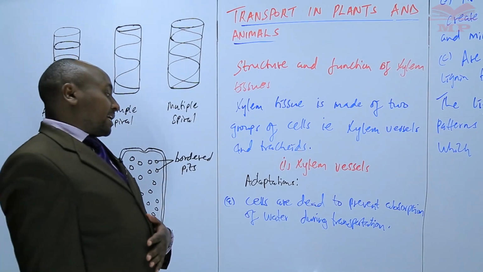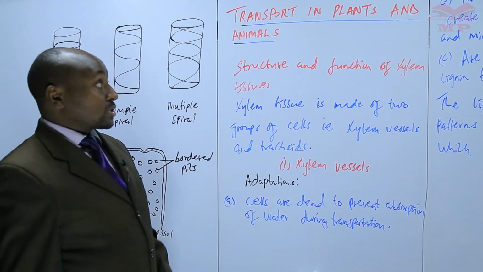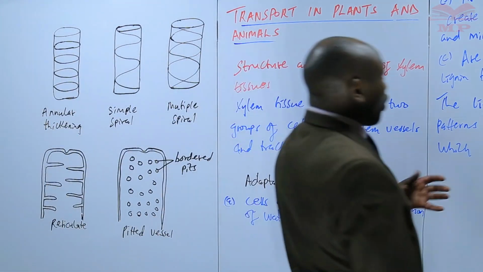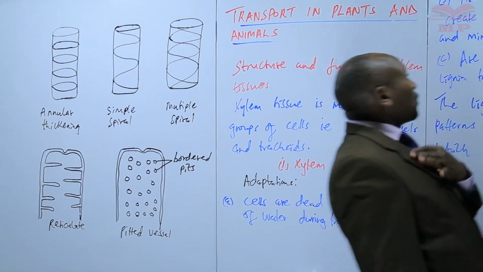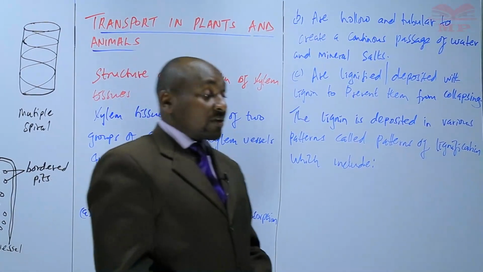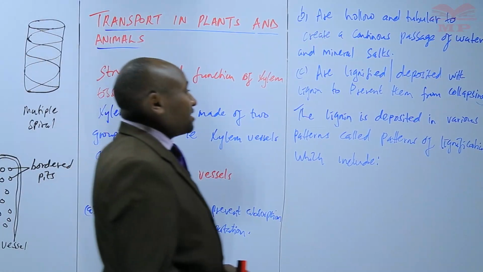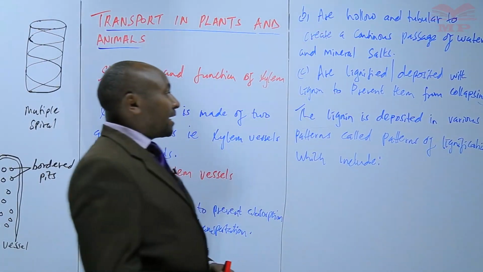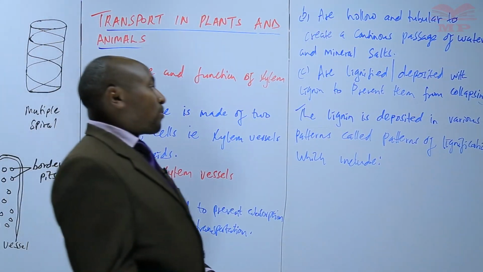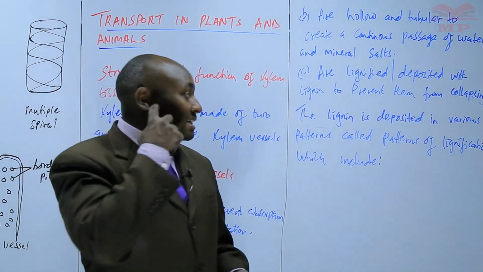And of course, they are dead to prevent them from absorbing water during transportation. The cells are hollow inside and tubular to create a continuous passage of water and mineral salts. They look like pipes. And then also they are lignified or deposited with lignin to prevent them from collapsing, to strengthen the walls so that they do not collapse.